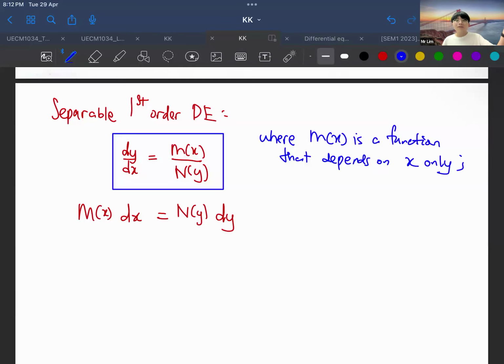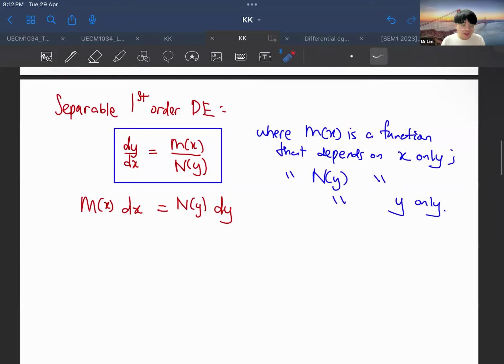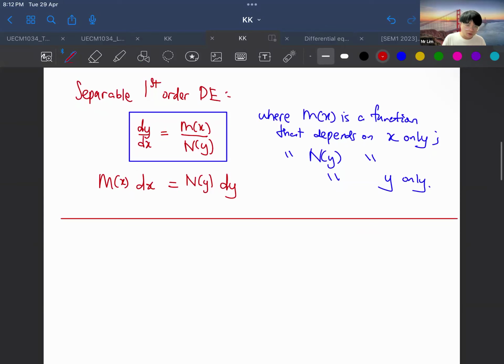Similarly, N(y) is a function that depends on y only. So this is the definition. This is an alternative form you can provide. I'm not going to explain in too much detail and you just need to define. Your teacher also covers this in the lab class, so I'm not going to go further on that.